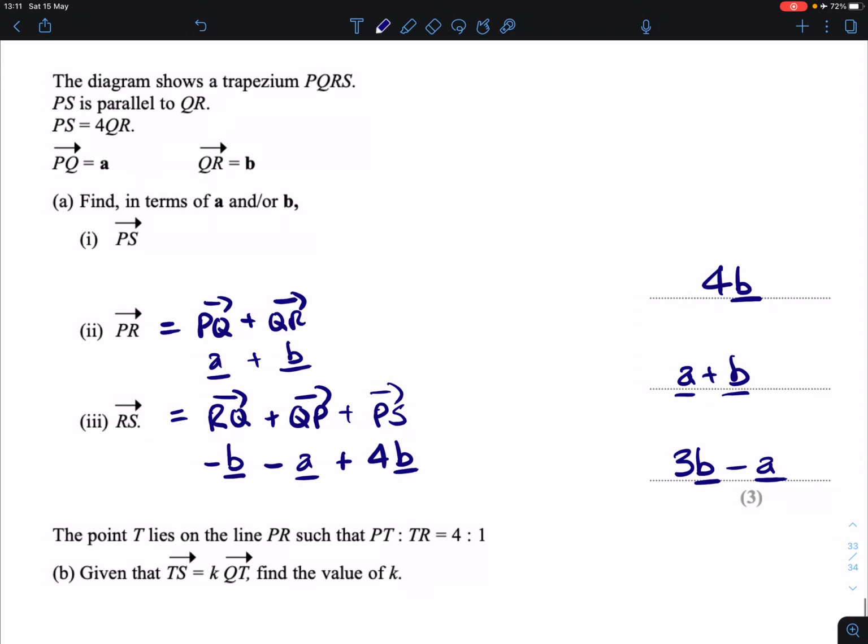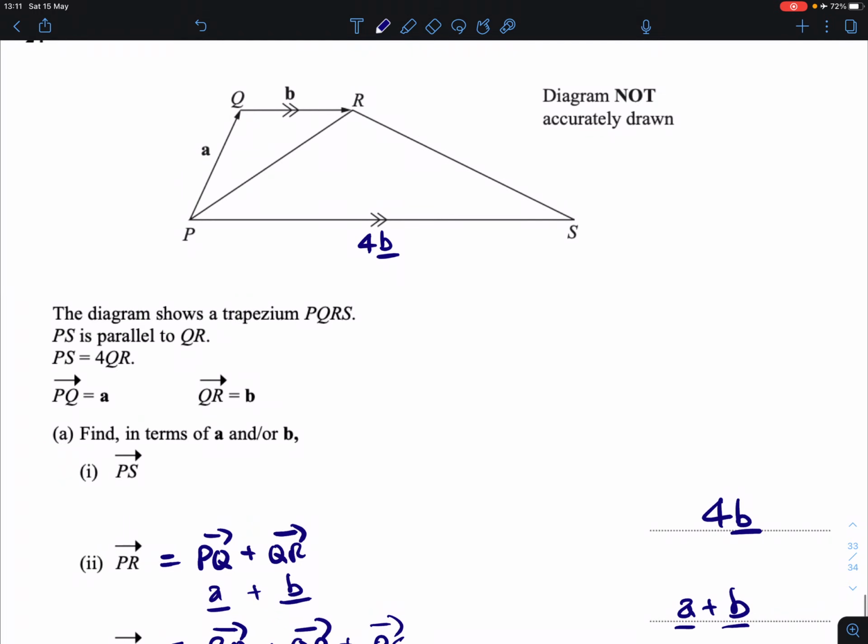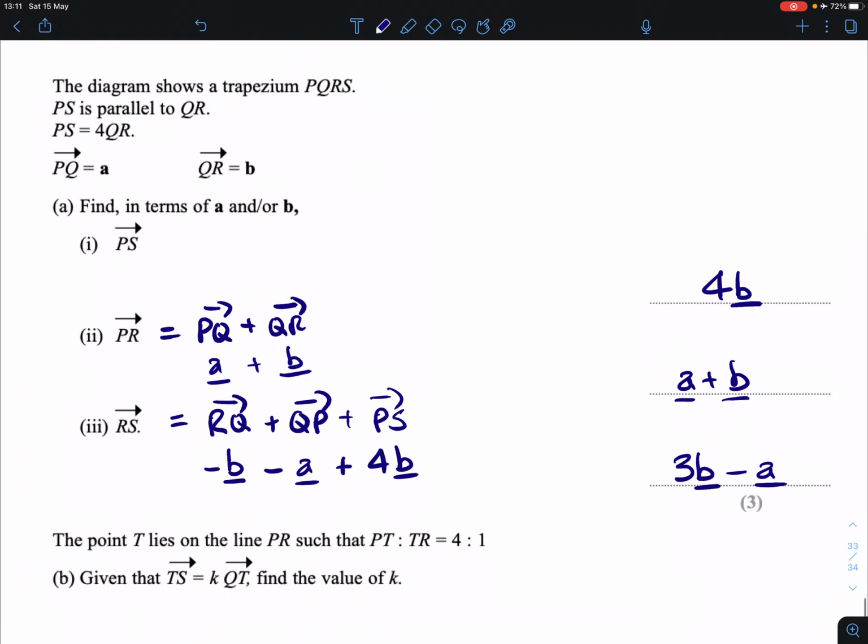The point T lies on the line PR such that PT to TR is 4 to 1. So PT to TR is 4 to 1. So roughly speaking, that would be 4 if that's 1.